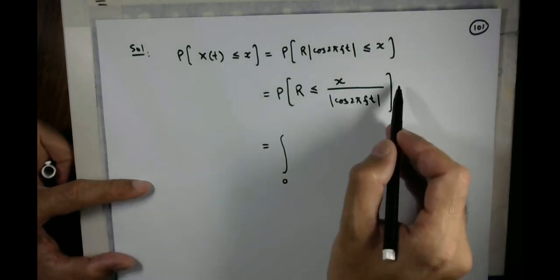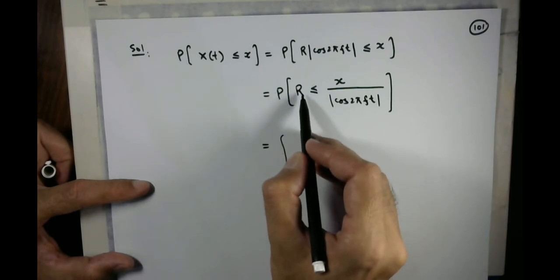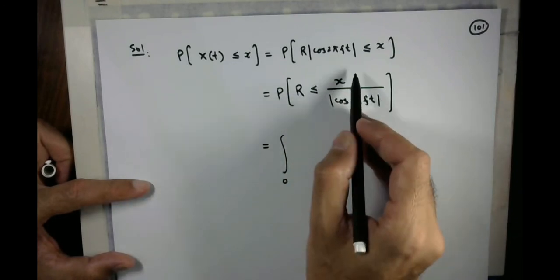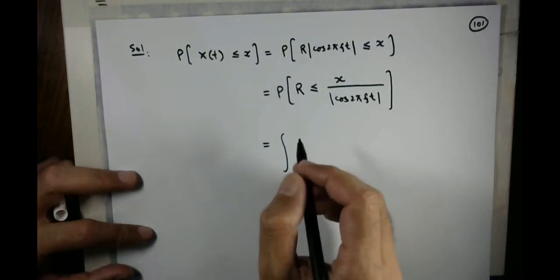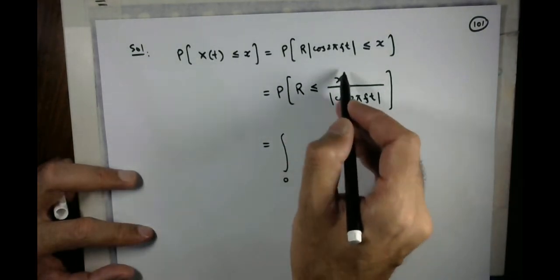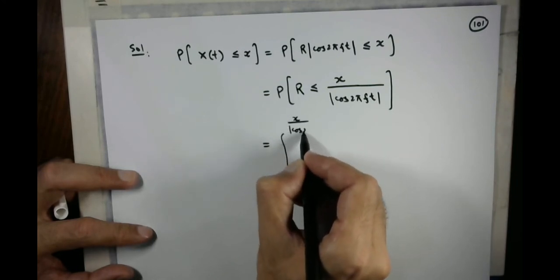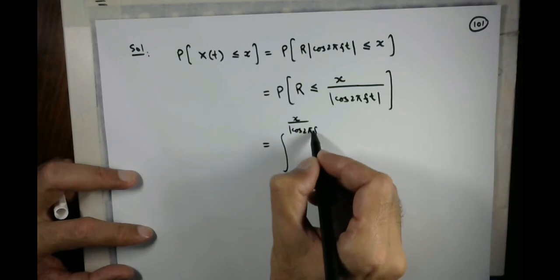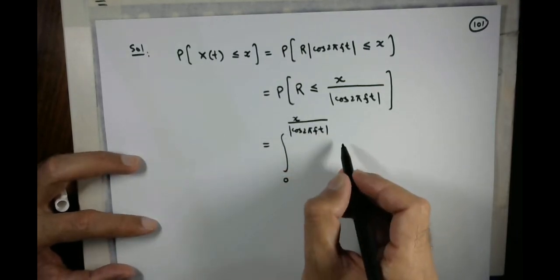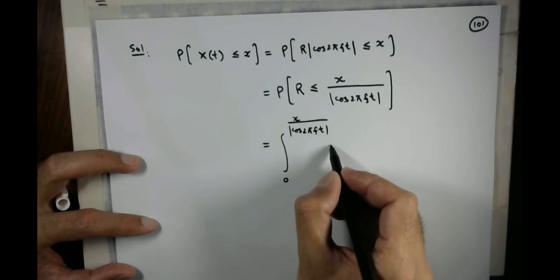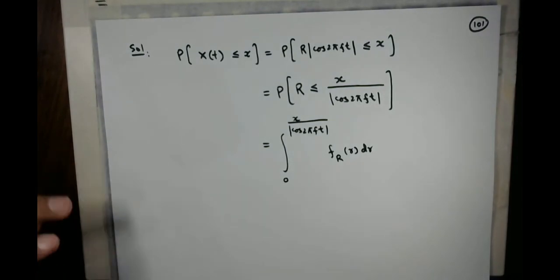You see, this is the expression of a CDF: the probability that r is no greater than this value, by definition of CDF. So the integral is from 0 to this highest value, x over absolute cos 2 pi ft, of f sub r of r dr.